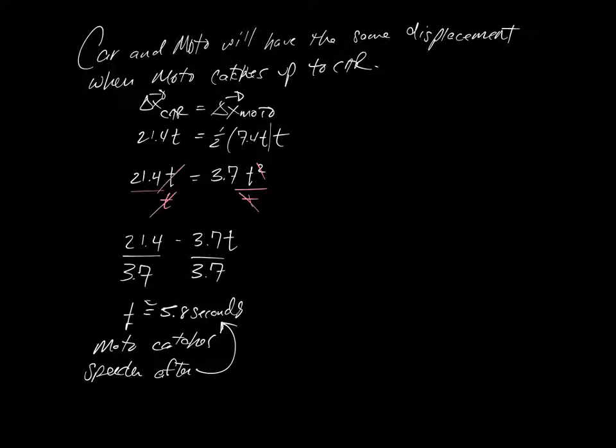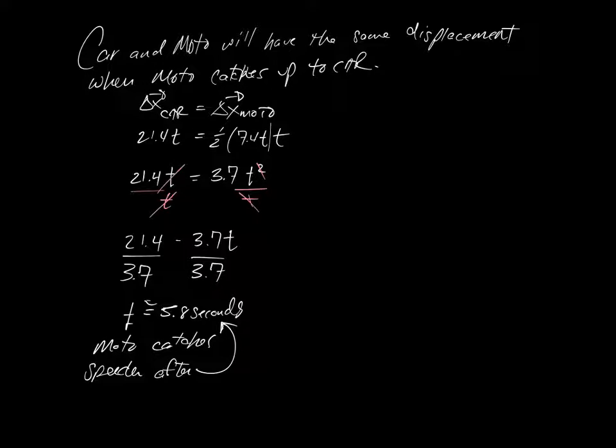Once we find the time for their displacements to be the same, we could find out their actual displacements. And if motorcycle and car start at 0 position, their displacement will be the same number as their position, because initial position is 0, so you're just subtracting 0 to find the displacement and position. We can find their positions when the motorcycle catches the speeder pretty easily.